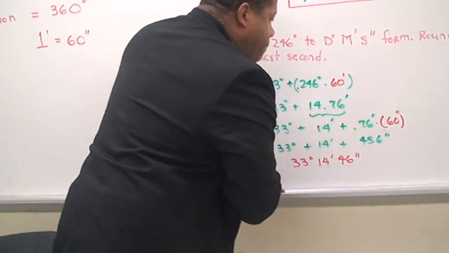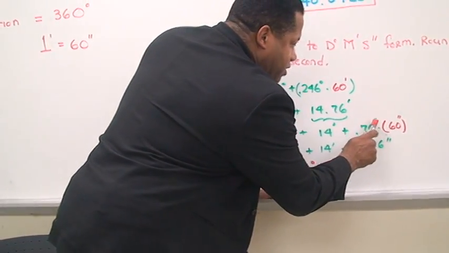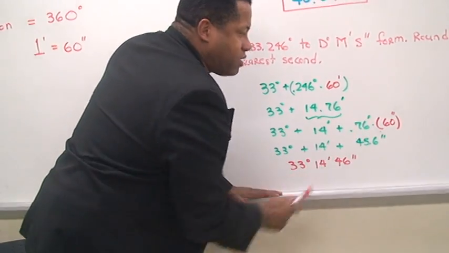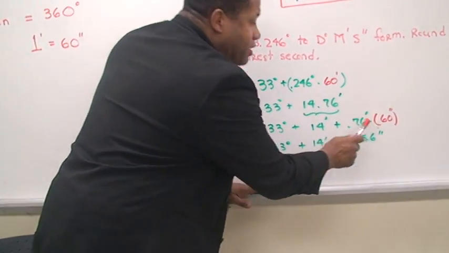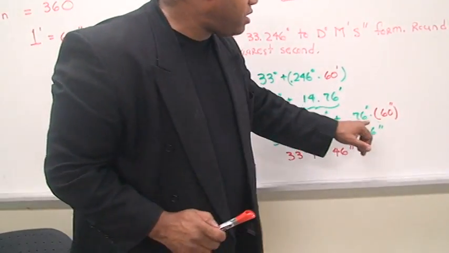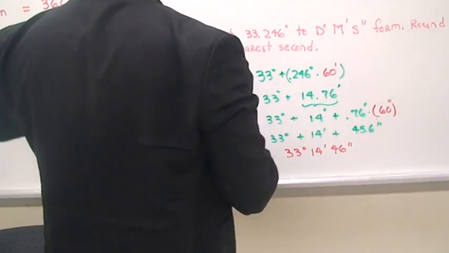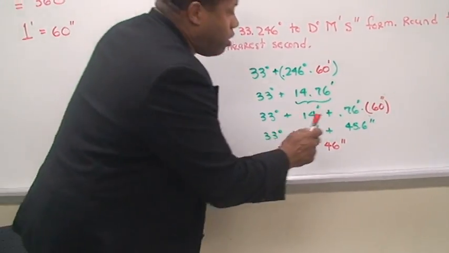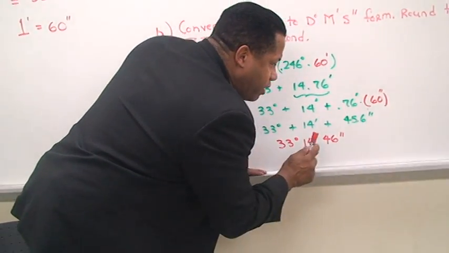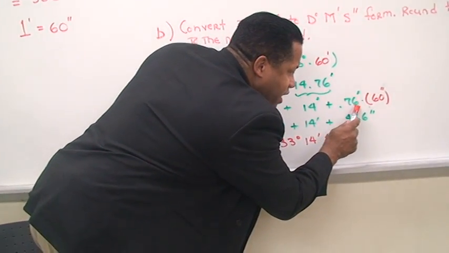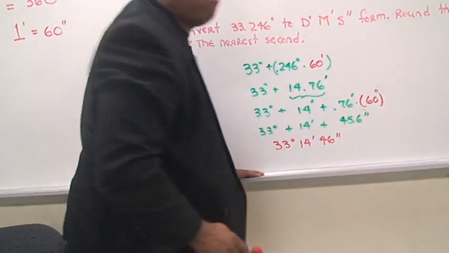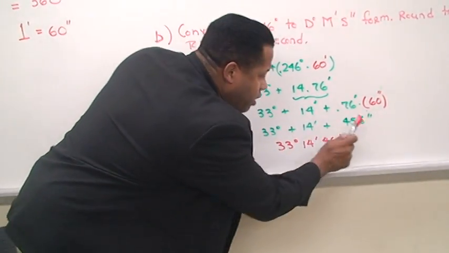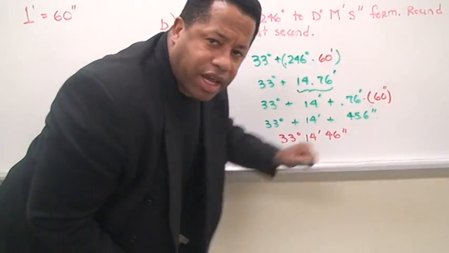So 0.76 minutes times, this has to be in seconds, 1 minute is equal to 60 seconds. So 60 seconds has to go right there. So 0.76 times 60 seconds is going to give you 45.6. Once you get that, that's converted to seconds.